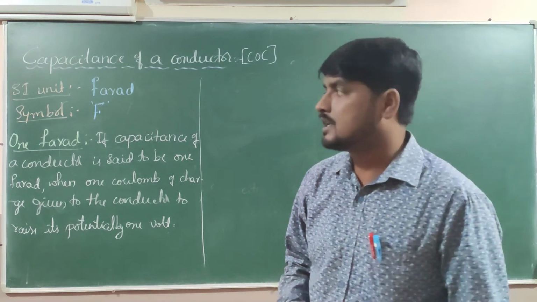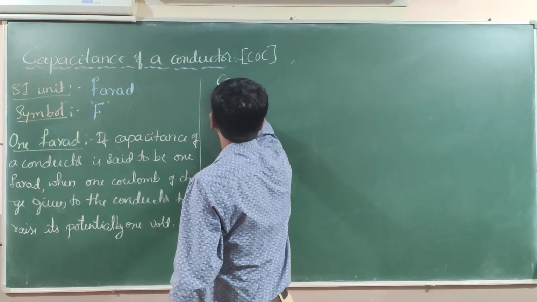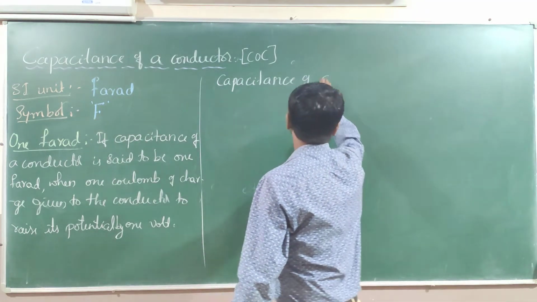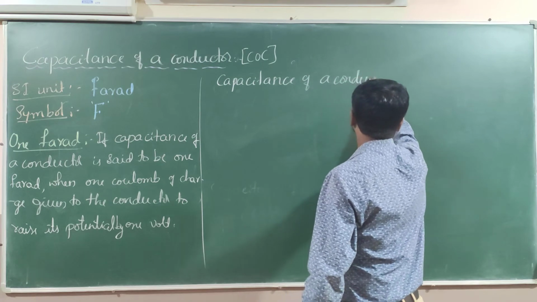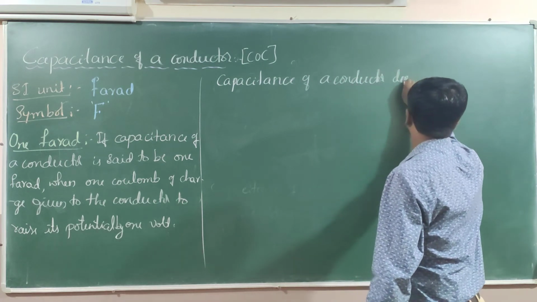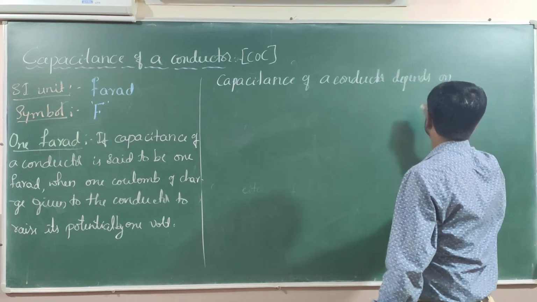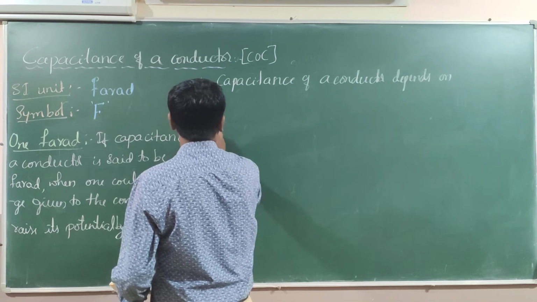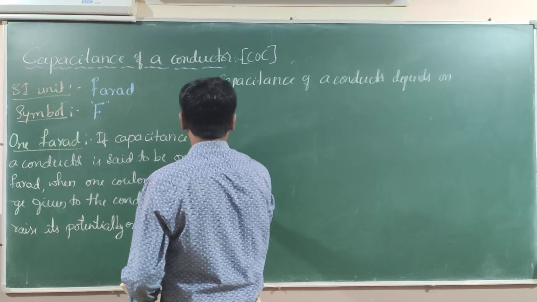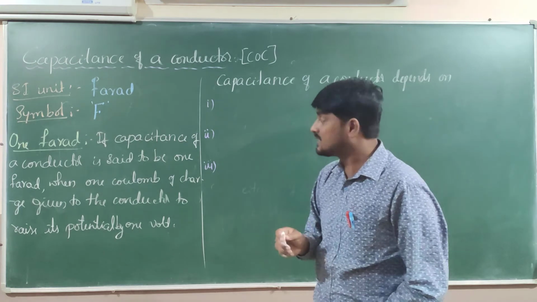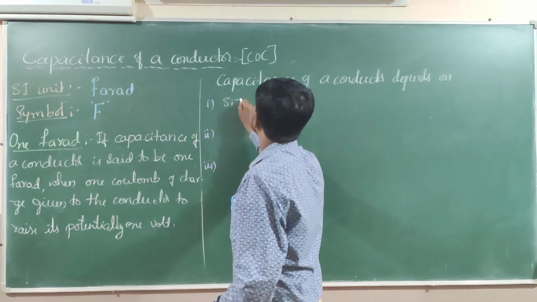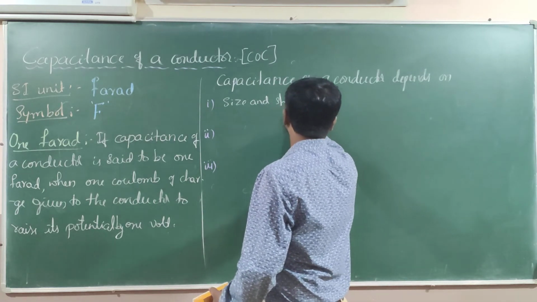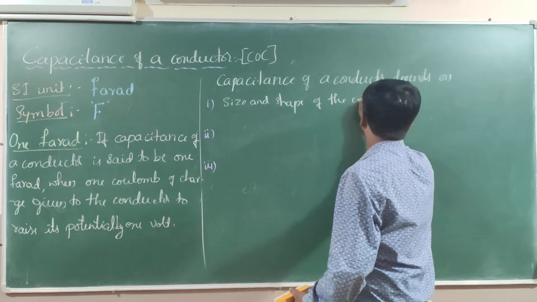The capacitance of a conductor depends on 3 important things we should keep in mind. One is the size and shape of the conductor.